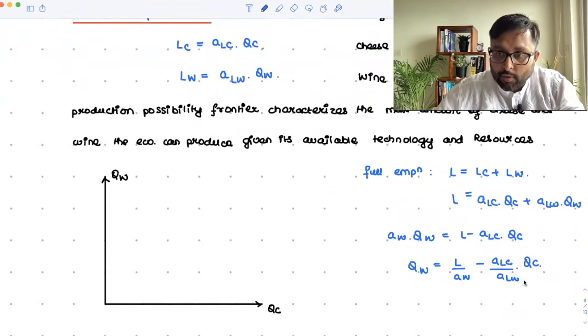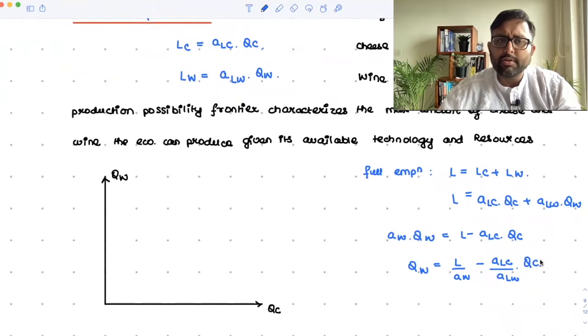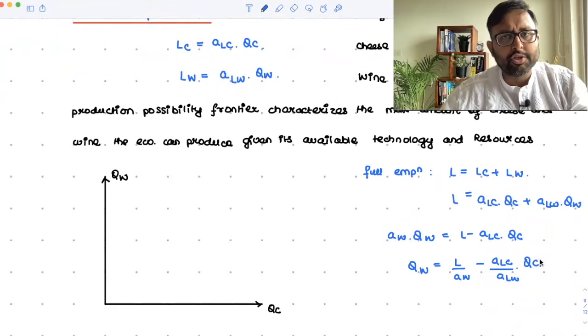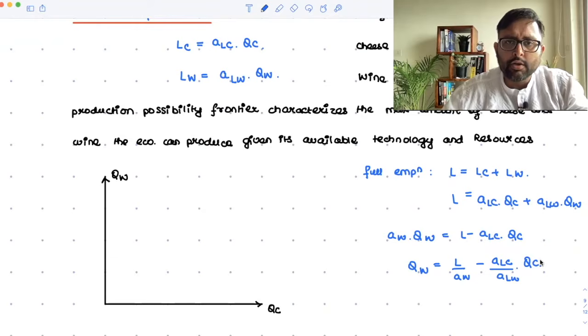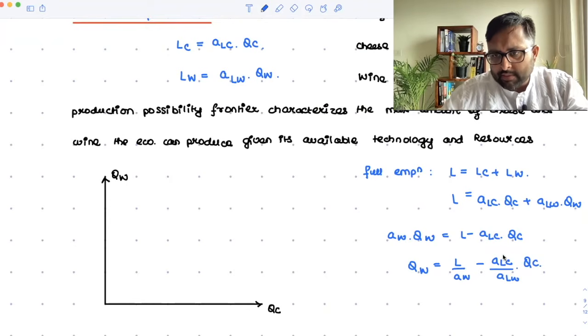This is the slope of the production possibility frontier. I'm not going into the detail again because you have already derived the production possibility frontier earlier too. But the way Krugman has defined this, I'm using that particular model here.